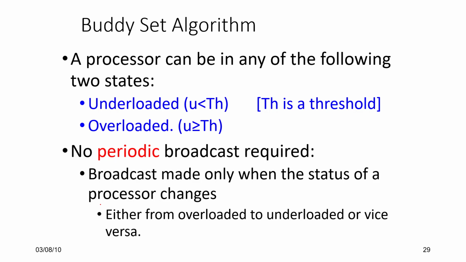It can either be underloaded, where the utilization is less than a threshold, or it can be overloaded, where the utilization is more than a threshold. Only these two things. Periodic broadcasts are not required. Only when the status changes from underloaded to overloaded do you send a message, or vice versa. So this reduces the number of messages in the system substantially.